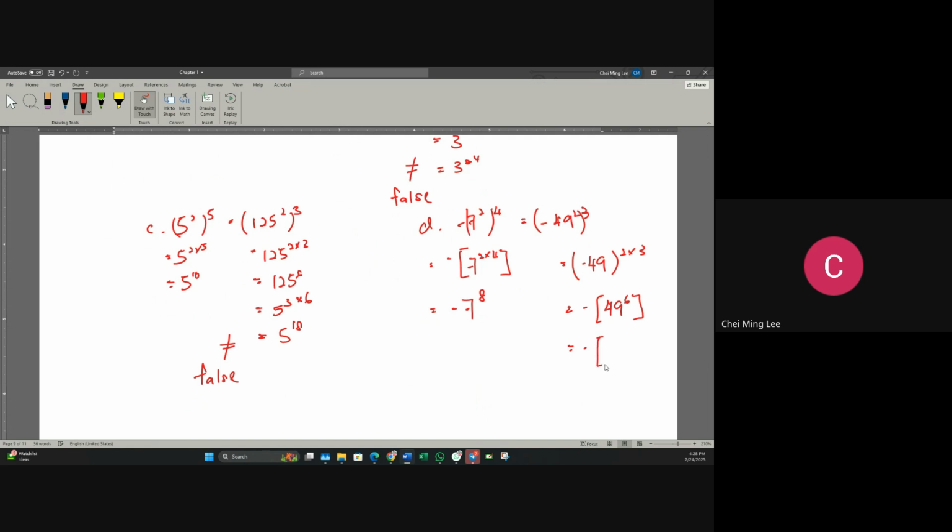Now this one becomes 7 to the power of 2 times 6, so it becomes negative 7 power of 12. And this is not equal, so the answer is false. You understand? C. Okay.